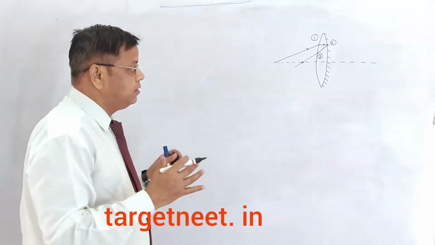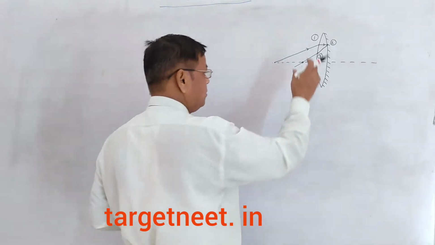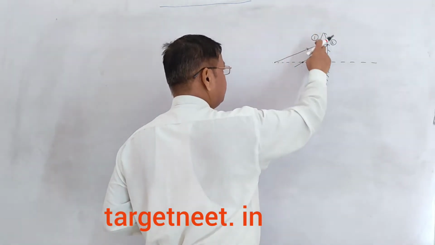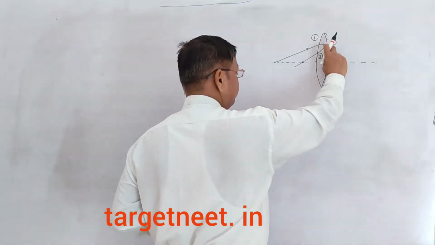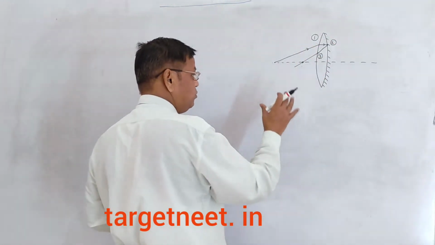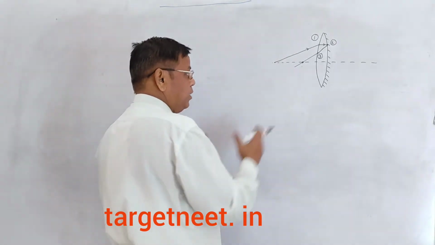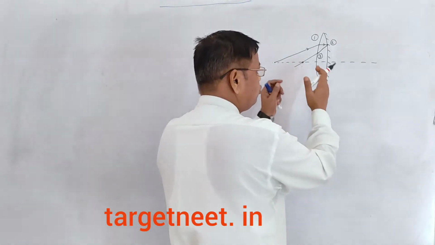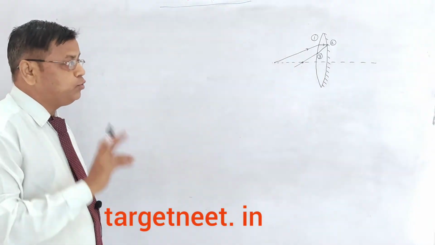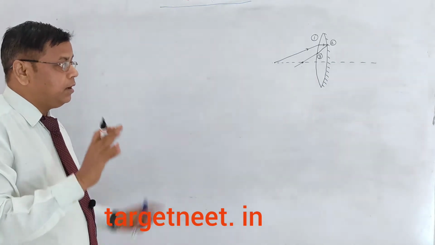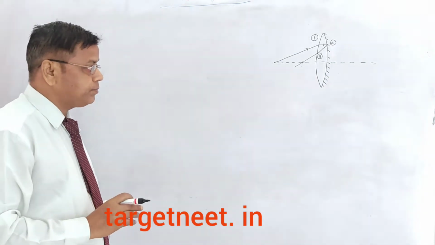This system does not behave like a single lens. It behaves like two lenses, because of two refractions, and one mirror, because of reflection, all in contact with each other.